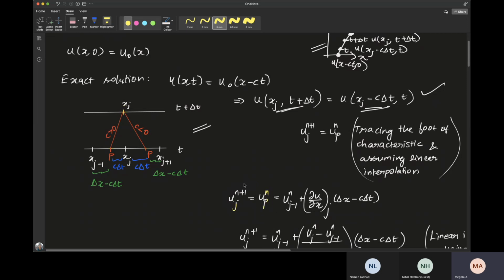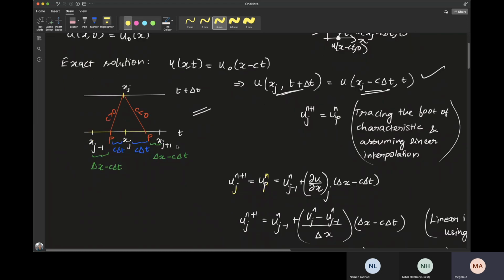Now up at n is something you do not know. Essentially in your numerical scheme, you are storing values at xj minus 1 and xj plus 1. You will not know what the value of u is at p. So that you need to approximate, using these points xj, xj minus 1 and xj plus 1.